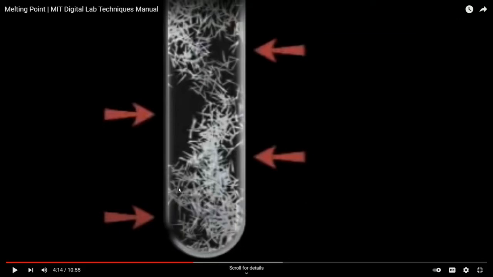Also, imagine, even when you packed well, if you have so much sample, like 3 millimeters rather than 1 millimeter, and you happen to have a little too fast heating rate. I said it's not temperature, right? It's a rate. So the temperature is rising quickly.